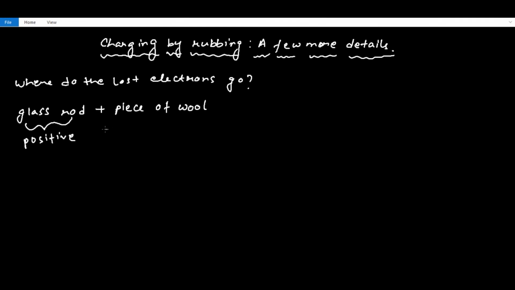And now that I have ionized a few atoms of this glass rod by rubbing it with the piece of wool, the electrons which have been lost by the atoms of the glass rod have been transferred to the atoms of the piece of wool, making the piece of wool negatively charged.